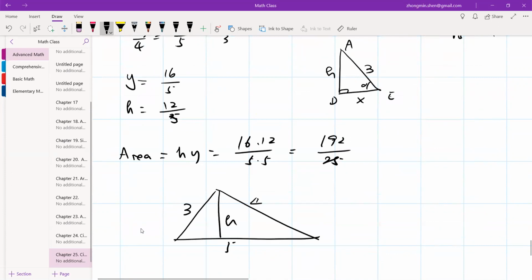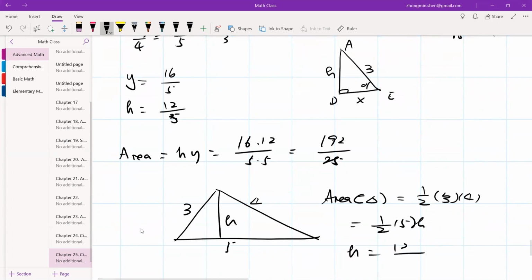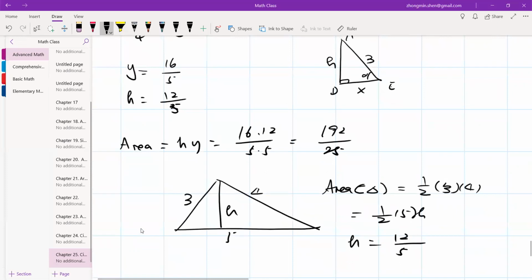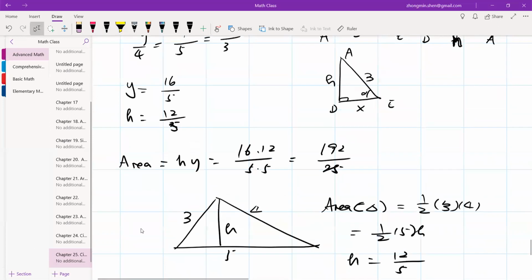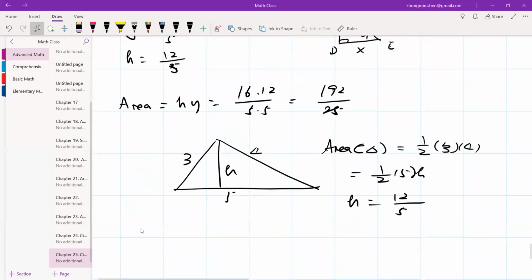You find H using the area of the triangle, which is half of 3 times 4, and this is supposed to be half of 5 times H, so H is 12 over 5. Then you can get Y using the Pythagorean theorem. But that's not the best way. With the Pythagorean theorem you have to use radicals and squares. I think it's better to use the similar triangle scale.